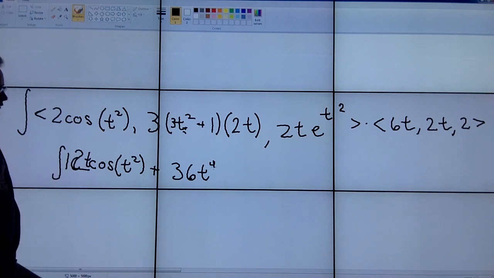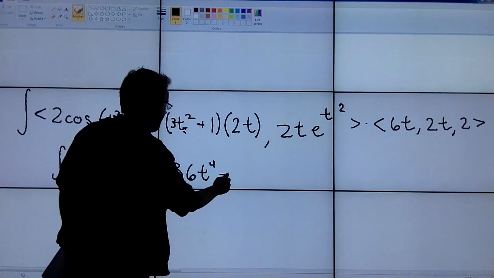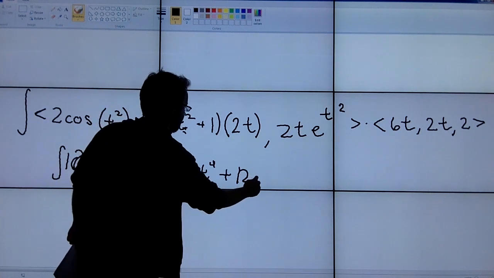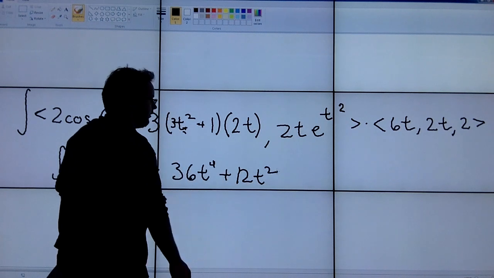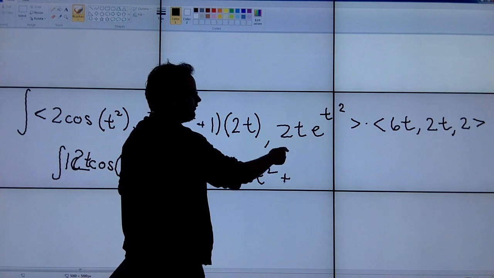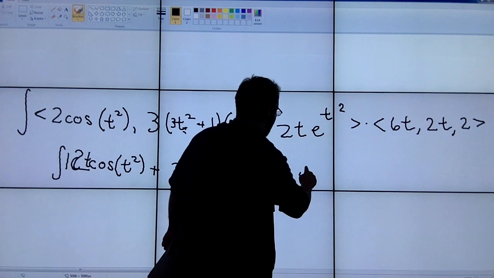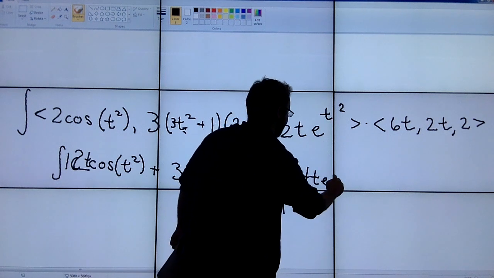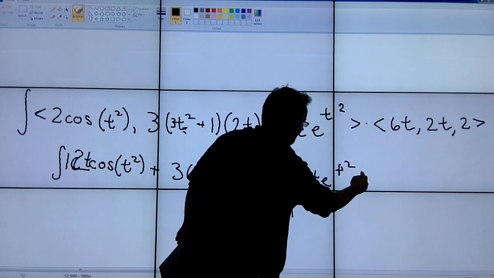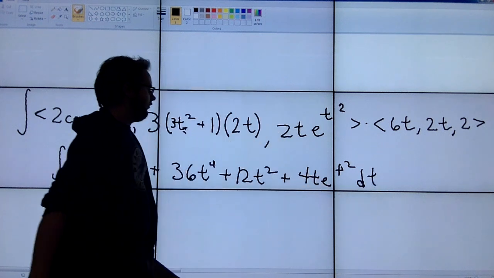Plus 3 times 2 times 2 will be 12t squared. Plus, and then we dot the 2t e to the t squared times 2, so we get 4t e to the t squared dt. And we're going to evaluate this from where to where.